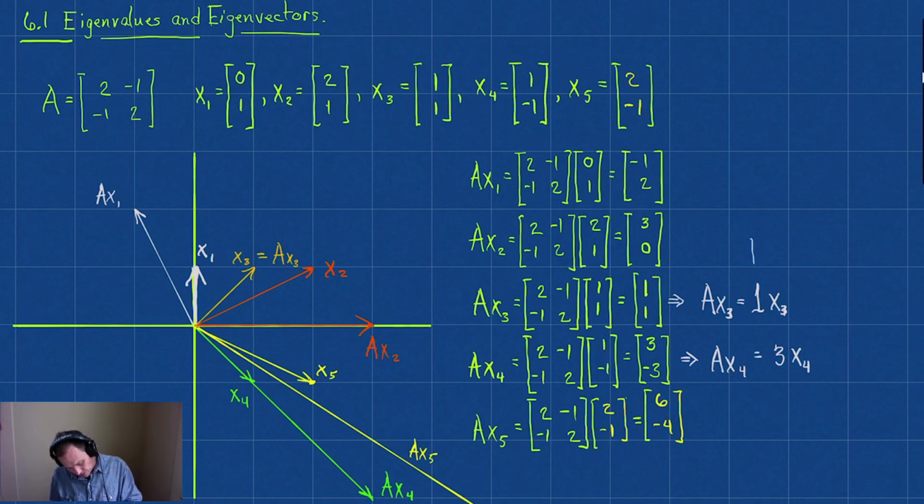Notice this. The 1 and the 3, these are called scalars. And here's what we say.